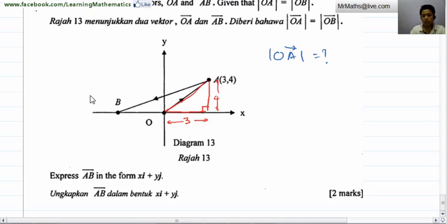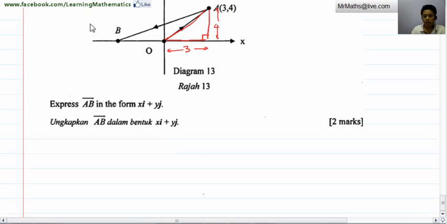Then we can write: the magnitude of OA is the square root of 3 squared plus 4 squared, which is the square root of 25, which is 5 units.